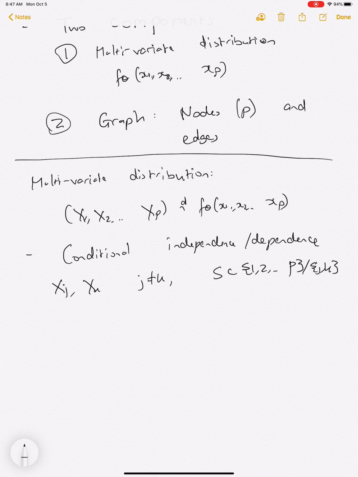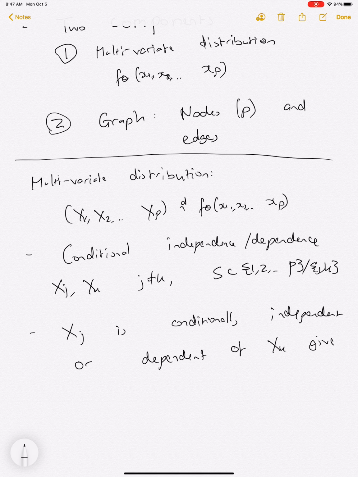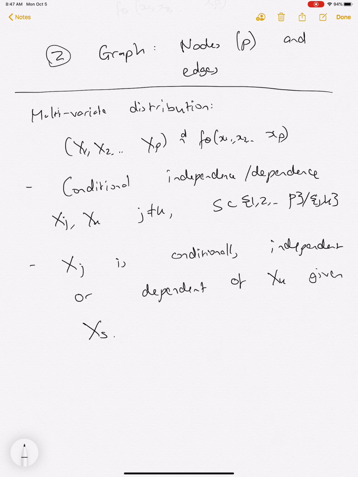So, we can say that xj is conditionally independent or dependent of xk given xs. So this is a very important concept, where if you know what the s variables are, those s variables that are not j or k, you can say whether xj and xk are independent or dependent.